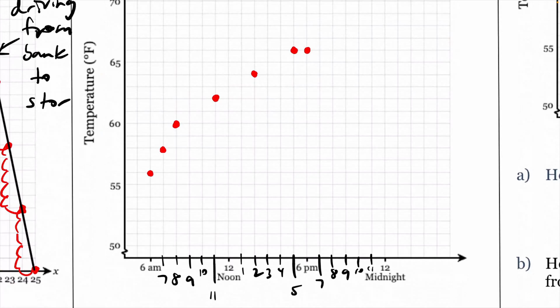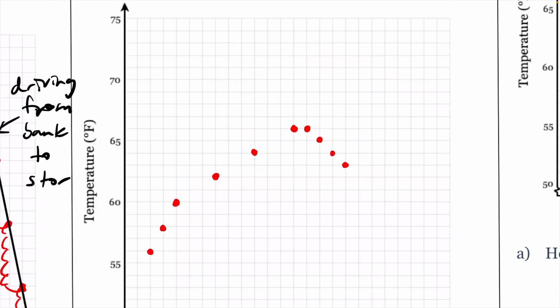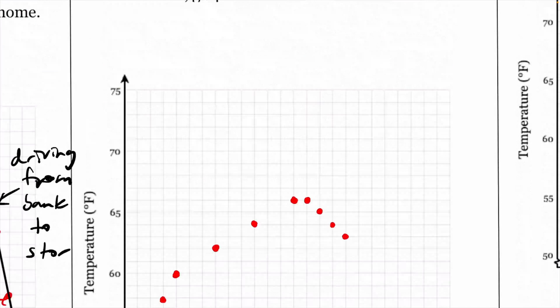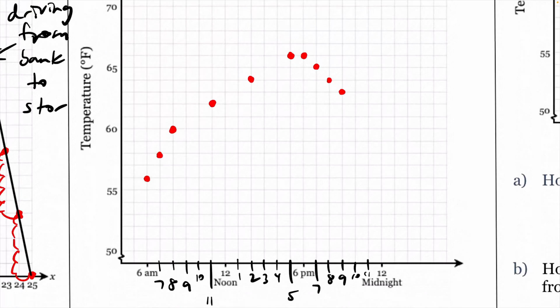So at 7, it's going to go down 1 degree. It's going to go that way for, what does it say, 3 hours? For the next 3 hours, yeah. 1, 2, 3, it went down 1 degree. So now I'm at 63 degrees.